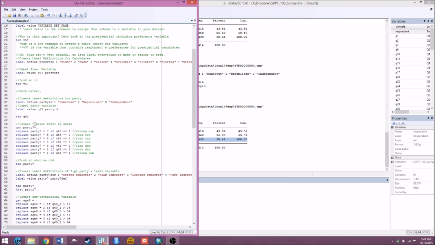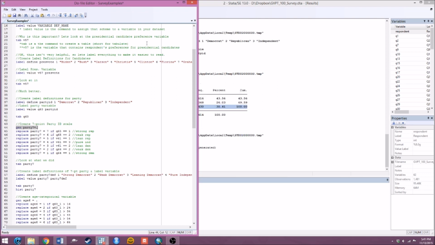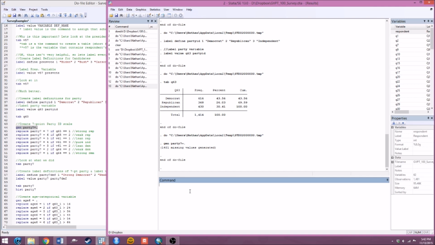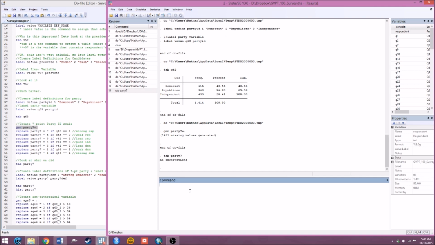Since we're going to create a 7-point party ID scale, let's call it party 7, and we're going to set it equal to this period, which just means nothing. Stata is going to see it as a missing value. So if I tab party 7, no observations, right?